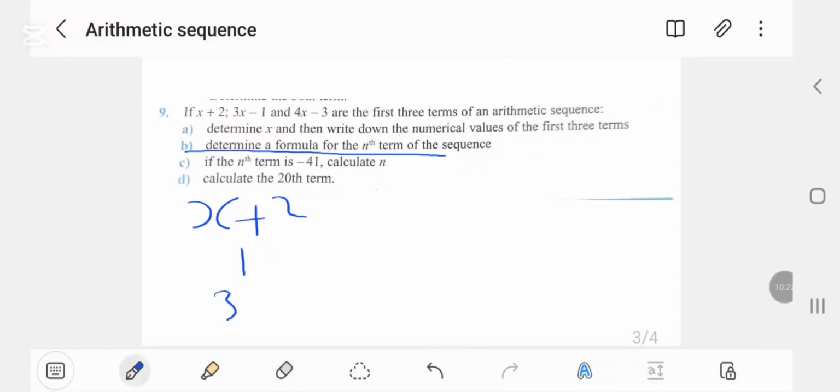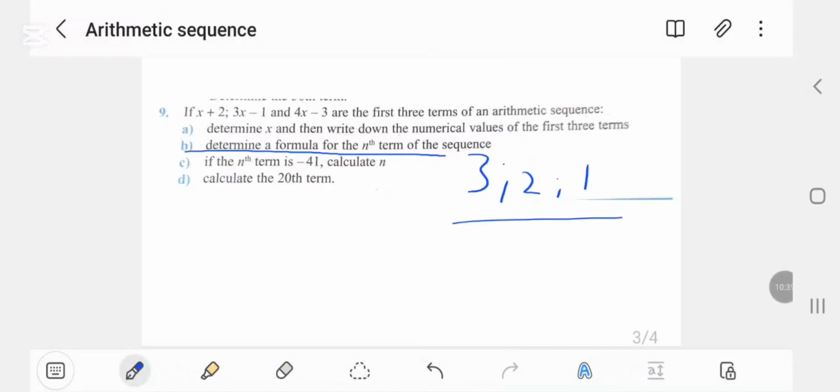Then we substitute x for the second term, we have 2. Then we substitute 1 for x minus 3, and we have 1. So these terms are 3, 2, 1.